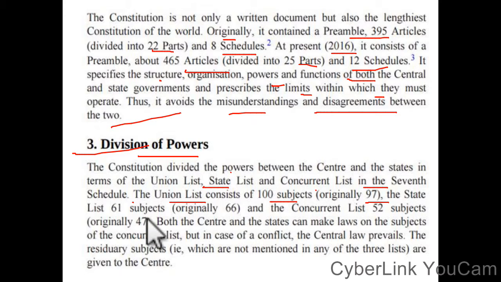The state list has 61 subjects, originally 66. The concurrent list has 52 subjects, originally 47. Both the center and the states can make laws on the subjects of the concurrent list, but in case of a conflict, the central laws prevail. The residuary subjects, which are not mentioned in any of the three lists, are given to the center.